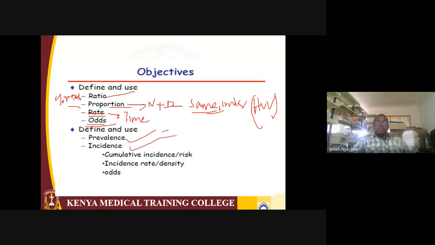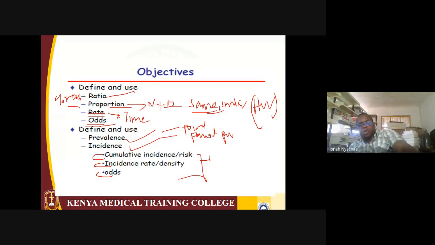From there, we talked about point prevalence and also period prevalence. And then incidence, we have talked about cumulative incidence, the incidence rate, and the odds, incidence ratios. So you need to master those formulas and also try as much as possible to put them into practice.